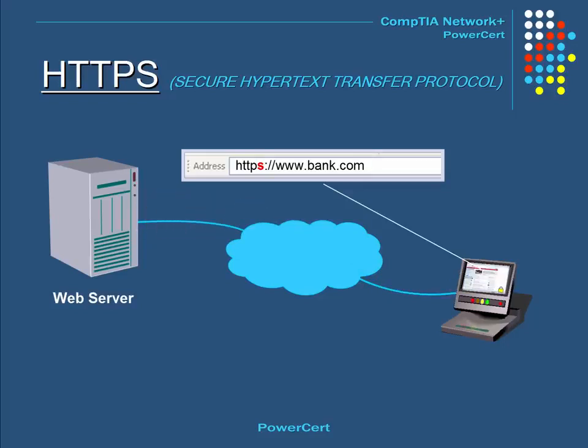And this indicates that you are now using HTTPS and have entered a secure website where sensitive data is going to be passed, and that data needs to be protected. Some other examples where HTTPS is used would be like email servers or e-commerce websites.